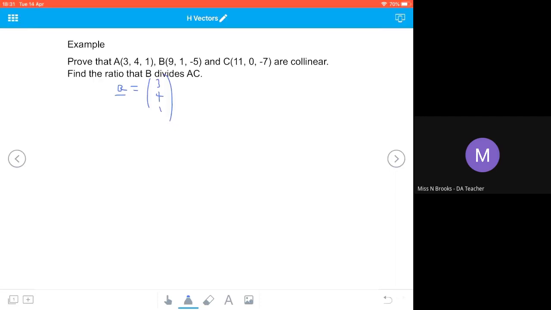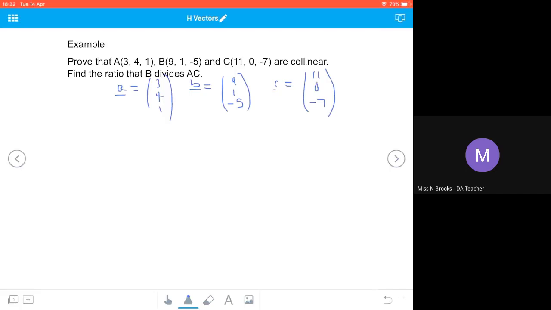Coordinate B has the position vector (9, 1, -5). And coordinate C has the position vector (11, 0, -7).